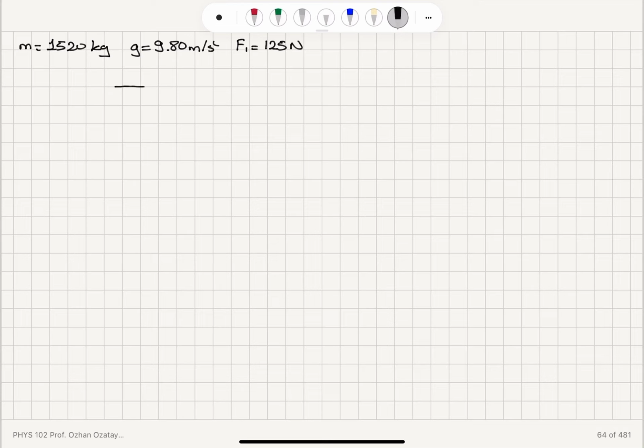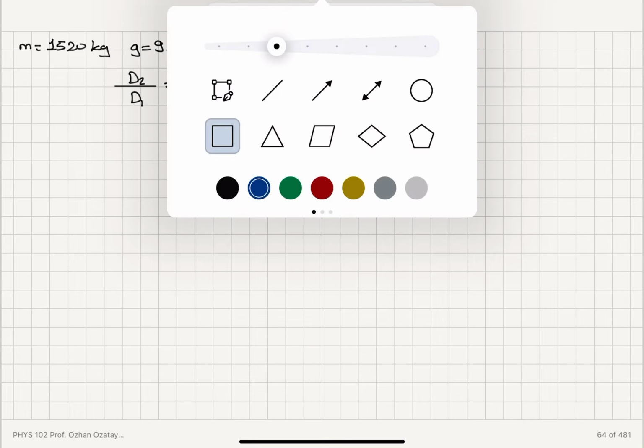So this gives us a ratio D2 divided by D1 is the square root of the weight of the car, 1520 times 9.8, divided by F1, 125. So the ratio D2 over D1 equals 10.9.